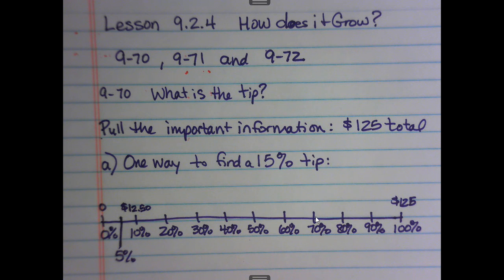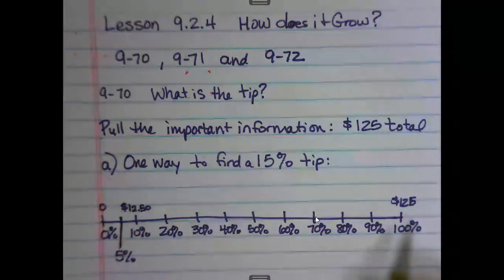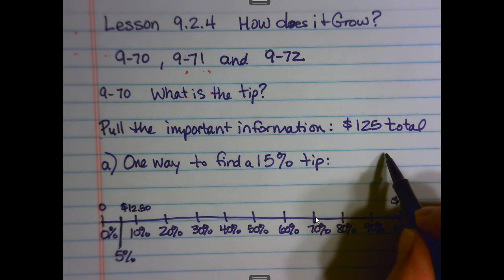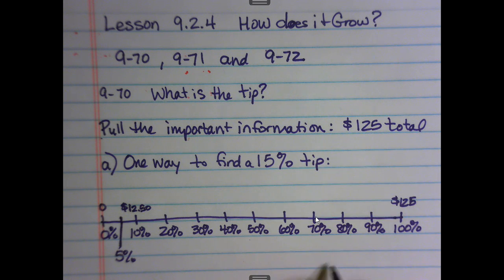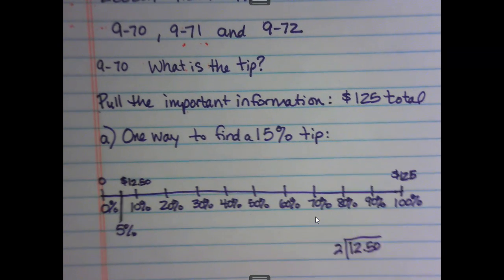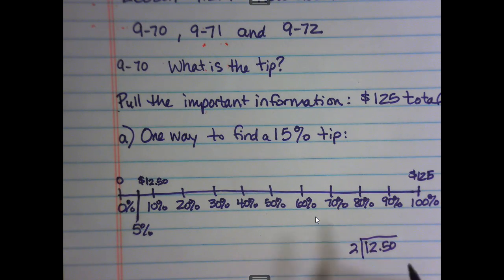Many of you have already had the aha moment and have gone ahead and on your paper perhaps have written down $12.50 and divided it into 2 parts. And when I'm doing that, I'm going to do my long division carefully and accurately.